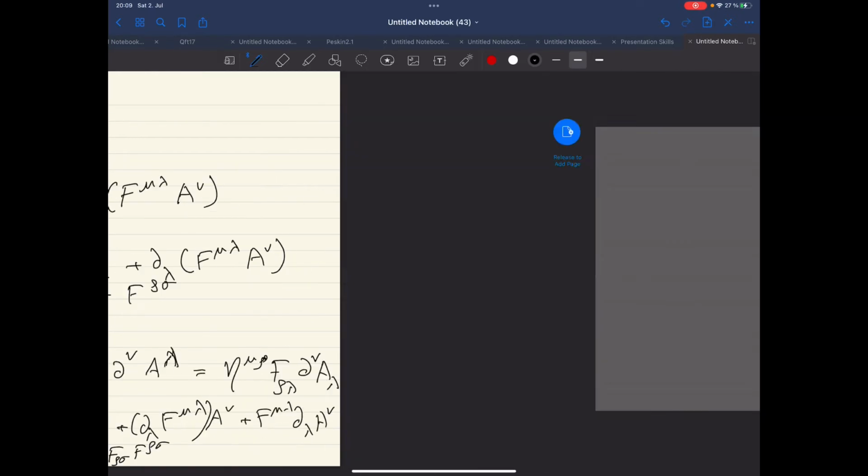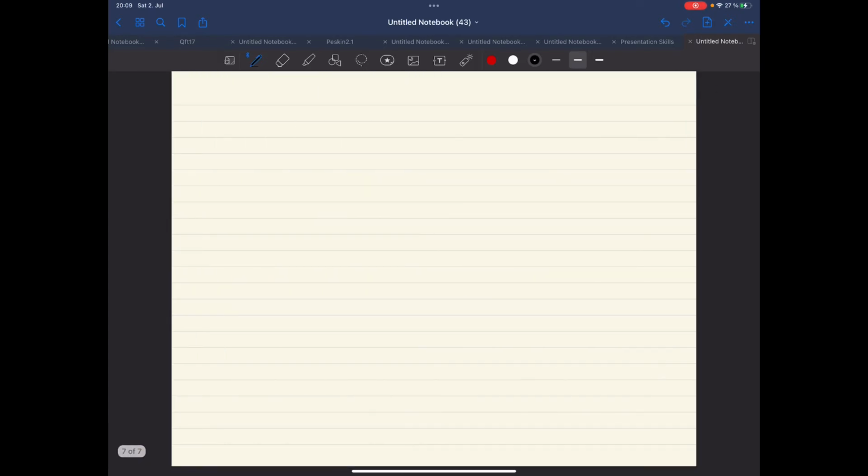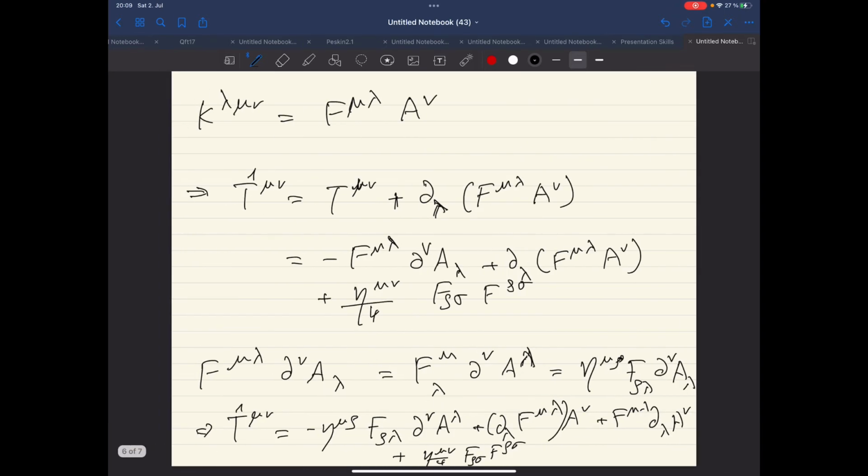Great. So now the modified energy stress tensor will be minus eta mu rho F rho lambda times d lambda A nu minus d nu A lambda. I added up the terms that have F rho lambda as a prefactor.